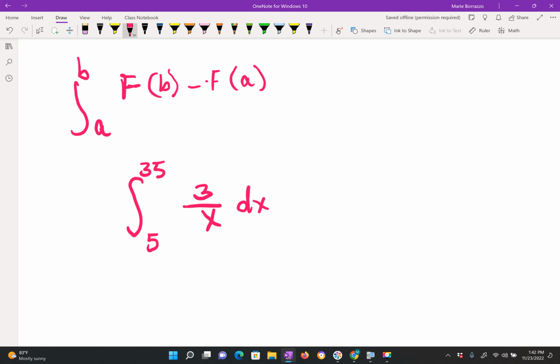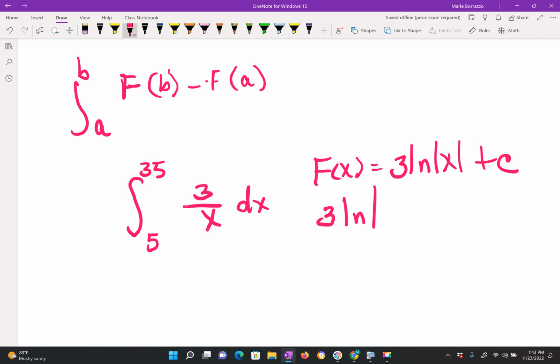And so I know that when I take the antiderivative, this f of x value generically would simply be 3 natural log of the absolute value of x plus c. So if I take the first value, 35, this will be 3 natural log absolute value of 35, and then that minus 3 natural log absolute value of just the 5, and then plus c, of course.